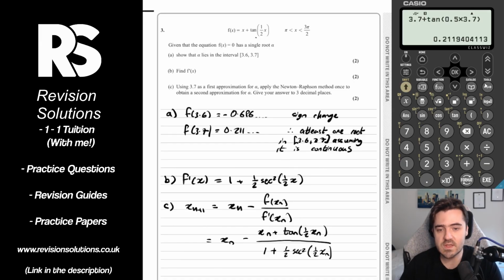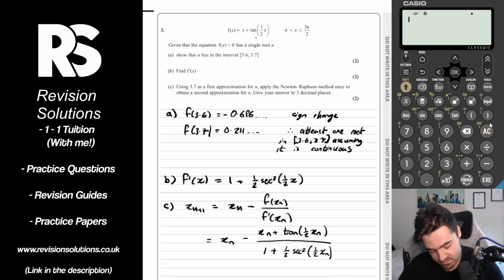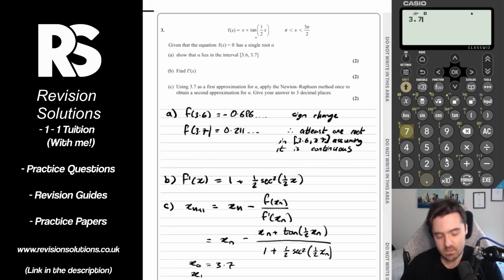So using our first approximation, we're starting with an x naught of 3.7. So then x1, just plugging in 3.7 into our formula, we've got 3.7 minus the fraction 3.7 plus tan of 0.5 times 3.7.